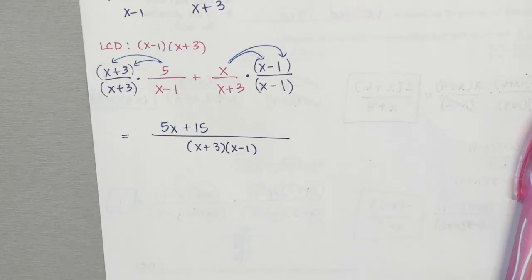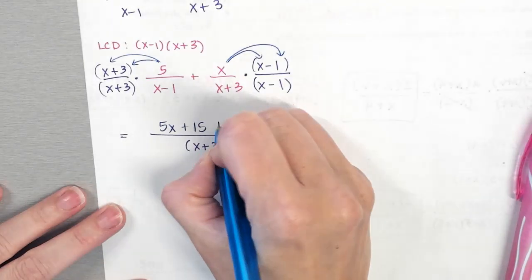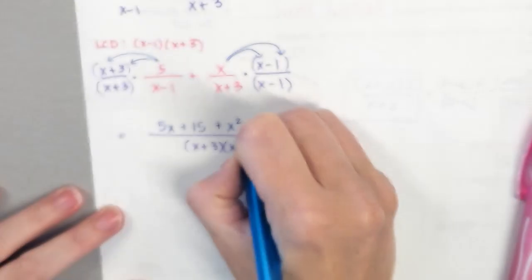Okay, and then I want you to combine the like terms. And then if you do get something that you can factor, you are going to factor it. The bottom you're keeping factored, so don't FOIL it. So keep it in factored form still.